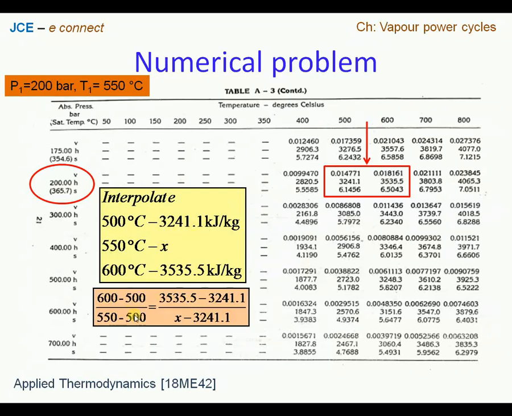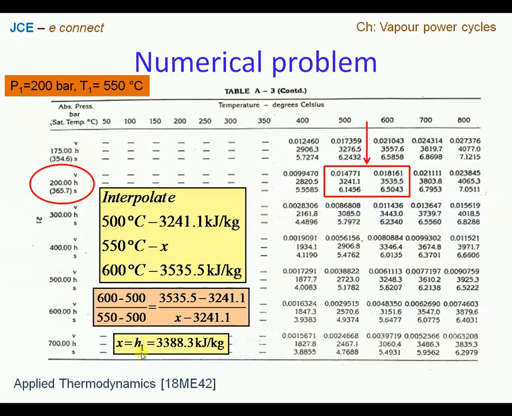The only unknown in this equation is X, so we rearrange and work out the value of X, which represents enthalpy. Once we work it out, we arrive at 3388.3 kilojoule per kg, and this value corresponds to the enthalpy at state point 1. Please remember that this H1 is at 200 bar pressure and 550 degrees Celsius.